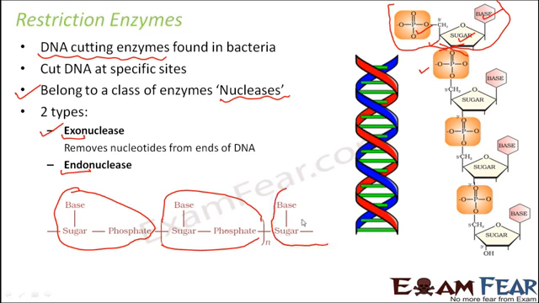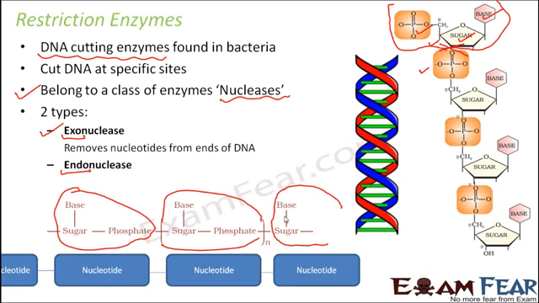Similarly here again you will have sugar, phosphate and base, so this would be the third nucleotide. Nucleotides joined together form a polynucleotide, and this is how each strand of DNA is formed. This is how they are joined: different nucleotide units joined together by phosphodiester bonds.